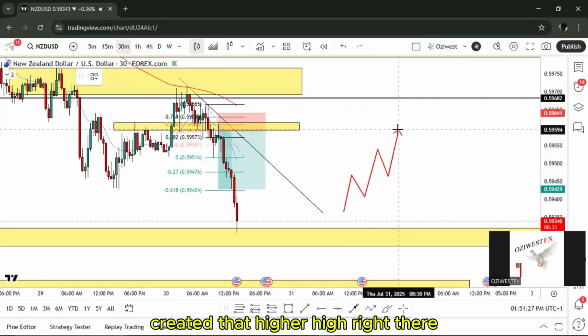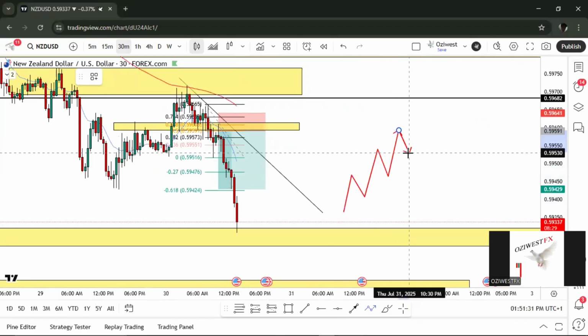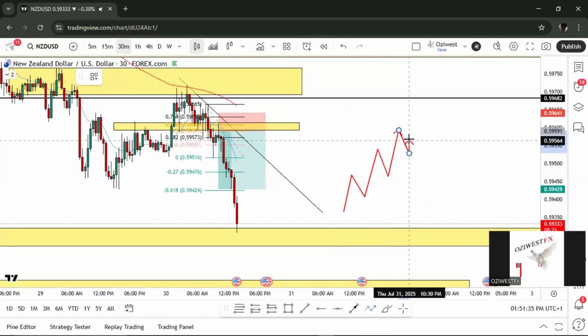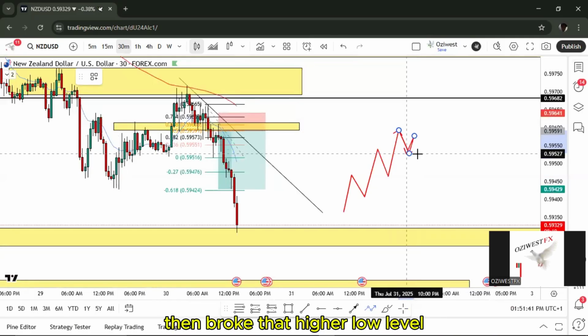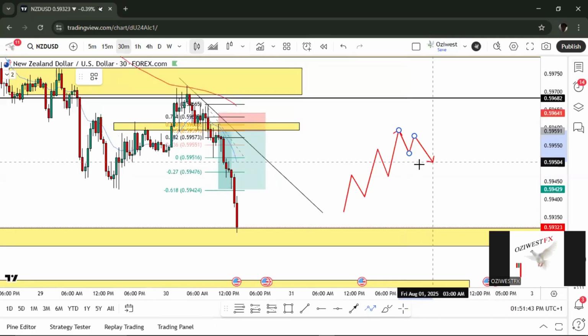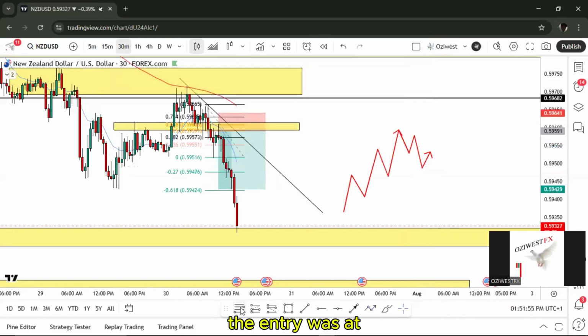It created a higher high right there, a higher low, then failed to create another higher high, instead created a lower high, then broke that higher low level, a break of structure, giving us that lower low point, followed by a lower high point, which the entry was at.